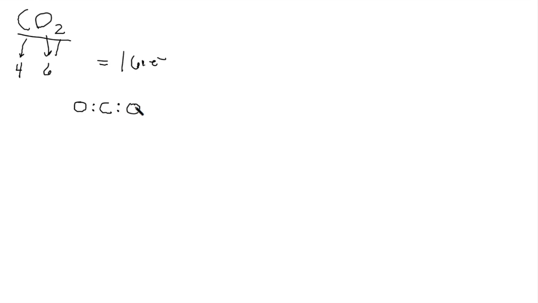And the fourth step is to fill in the octet. To fill in the octet of oxygen here, we see it has 6 valence electrons in its own state. So to fill in the octet, we would need 2 more than its regular state.